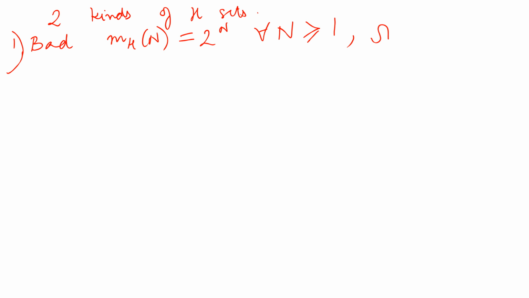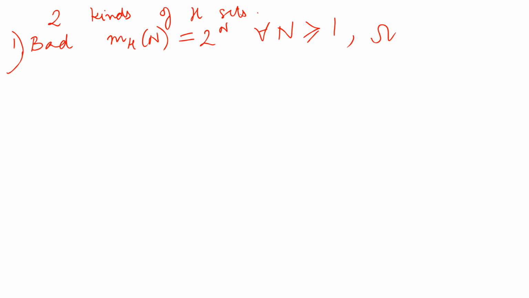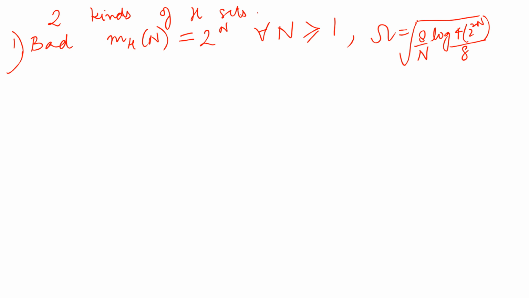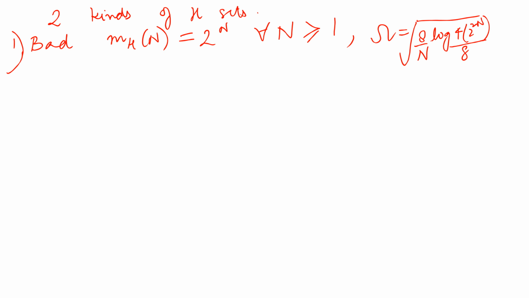Because if you look at our omega, which I'm calling the error bar for short, and you substitute the value for the growth function, it's going to turn into 2 to the 2n. So 8 over n log of 4 times 2 to the 2n over delta.